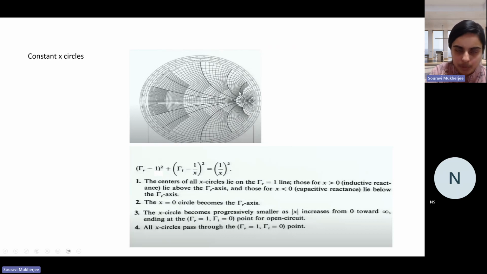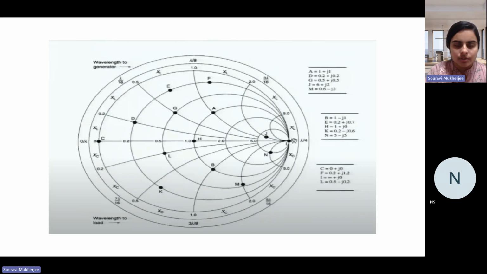Any point in the upper plane, if you move along these lines, would be some inductive reactance, and similarly here it would be some capacitive reactance. So each of these points represents some complex quantity.